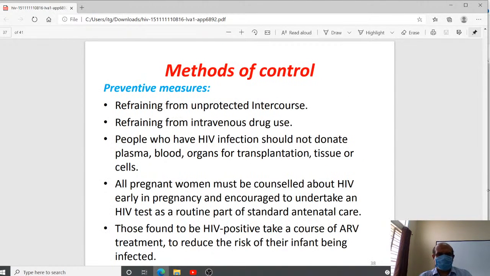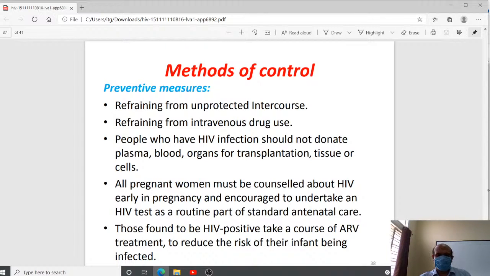I think preventive measures we already know, but I'll repeat it since we have time now. Methods of prevention are refraining from unprotected intercourse and refraining from intravenous drug use. People who have HIV infection should not donate plasma, blood, organs, tissue or cells.